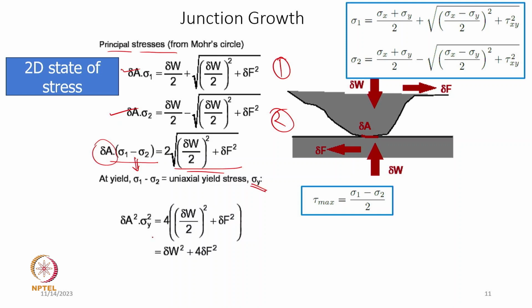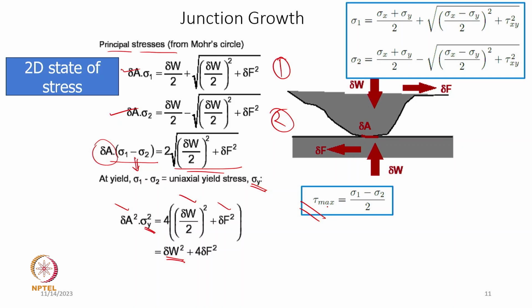So we express normal load, friction force and area in terms of yield strength, and we know very well that the applied load will be constant and the yield strength of the material will remain constant. It may change a little bit but not in a major way. We also know tau max can be given as sigma 1 minus sigma 2 divided by 2, or 50% of the yield strength.